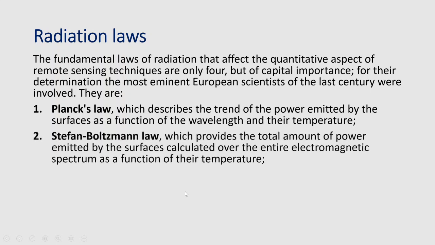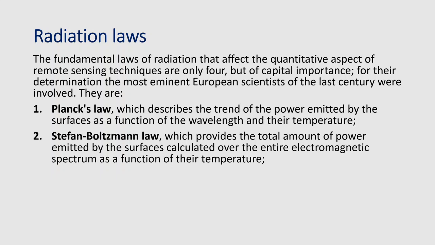The second one is the Stefan-Boltzmann law, which provides the total amount of power emitted by the surfaces calculated over the whole electromagnetic spectrum as a function of the temperature.